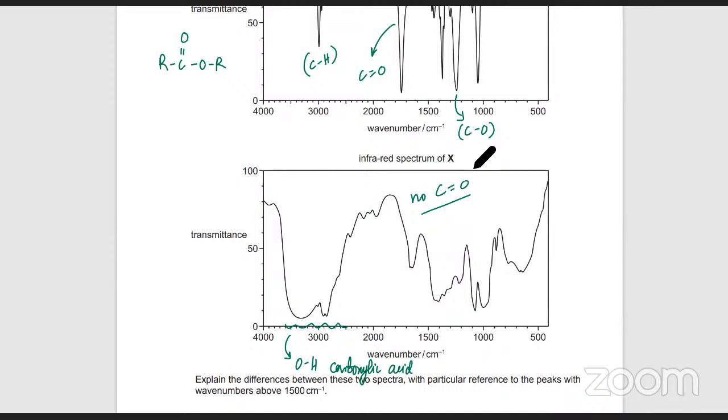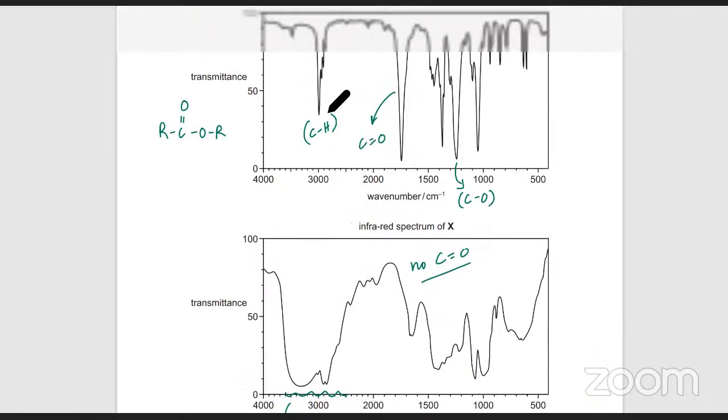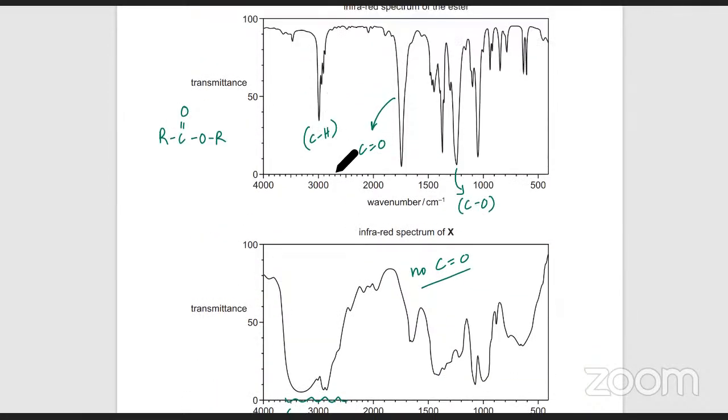और क्या हो सकता है? One which is for carboxylic acid and one is for ester. The first one does not have OH. ठीक है, this one does not have OH because there's no absorption above the 3200. There's no strong and broad absorption. So it's got no OH.